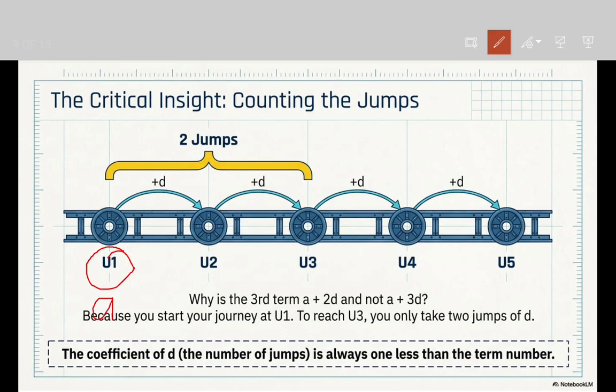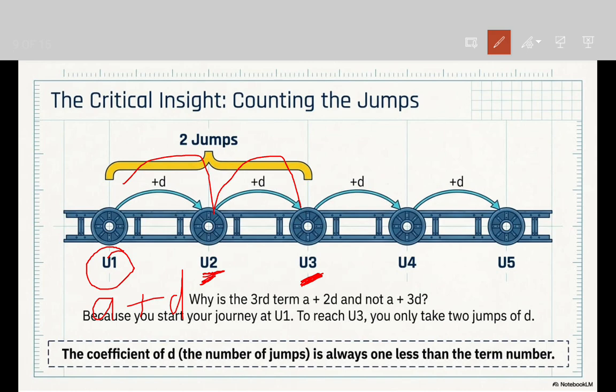First term A. To get this, I'll add only one jump, only one D. But to get to the third term, I have to jump 2: 1, 2. So 2 of the common difference D plus my first term will give me this value here.